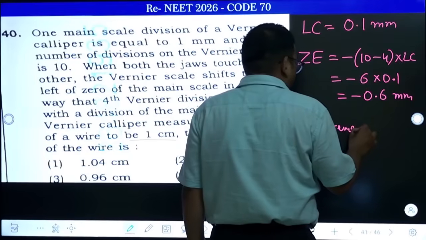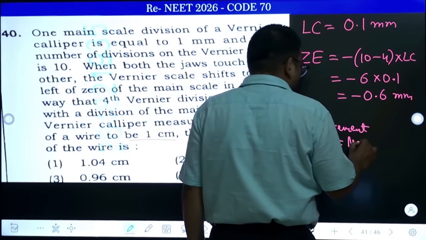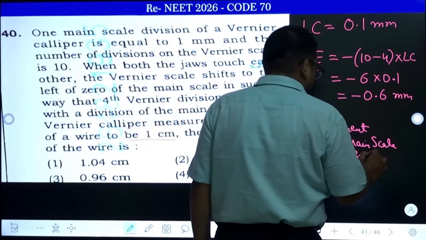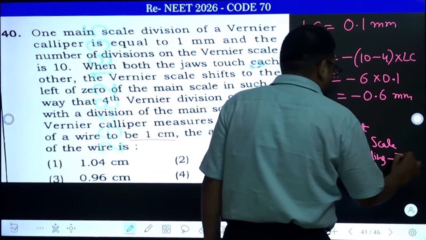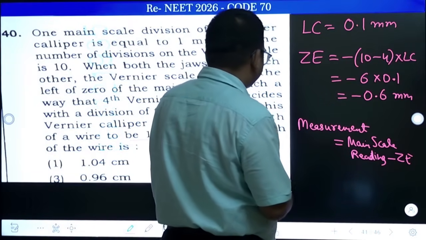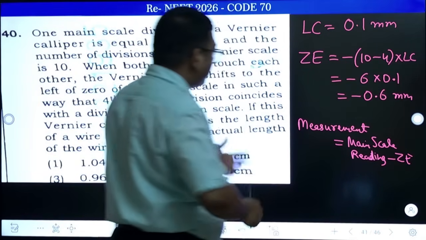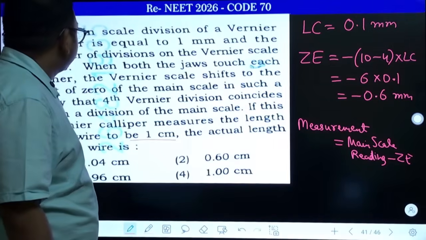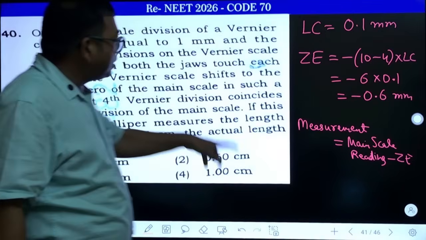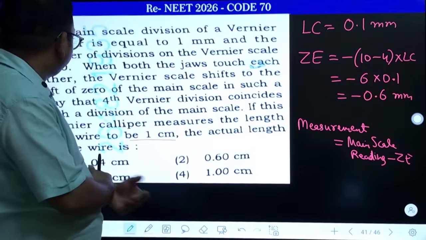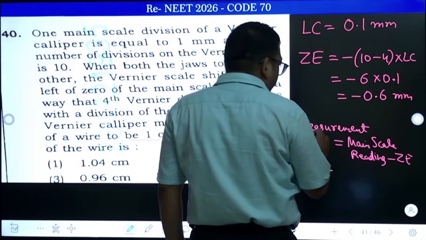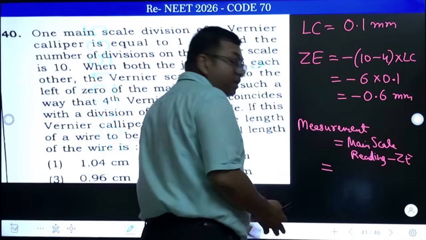Measurement is equal to main scale reading minus zero error. Let us try to calculate this. The measurement means the actual length.